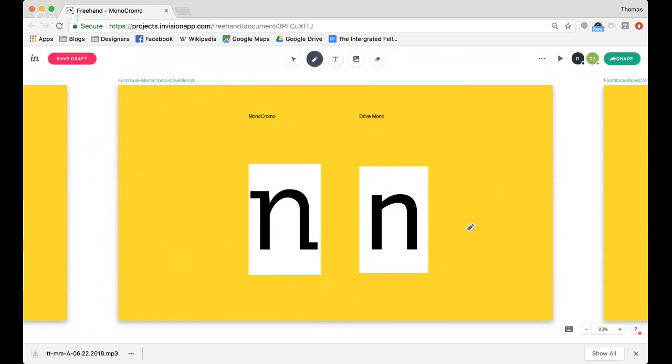No, it's just that when I was designing MonoCromo, I was trying for a sans humanist approach with the letters. So what I was looking for was doing really easy shapes with the white space. That's where the roundness came from here, instead of the sharp whites that you see in other letters.